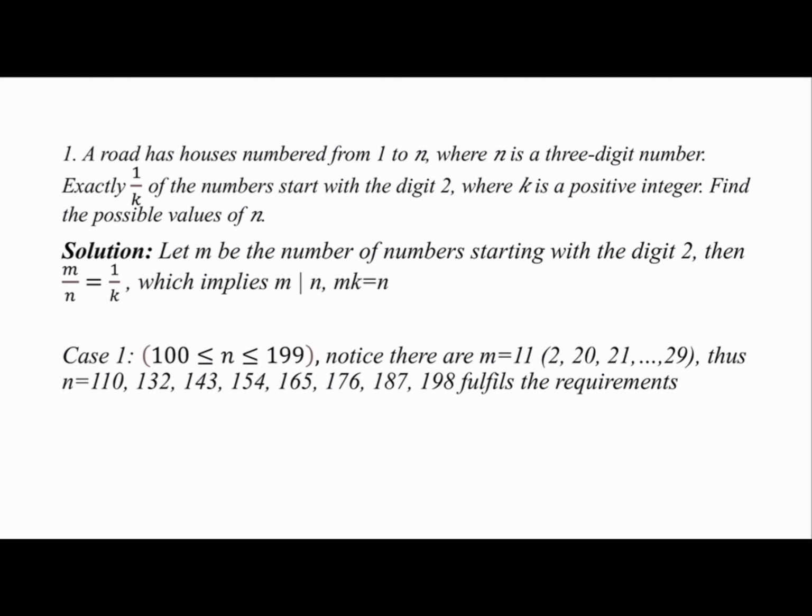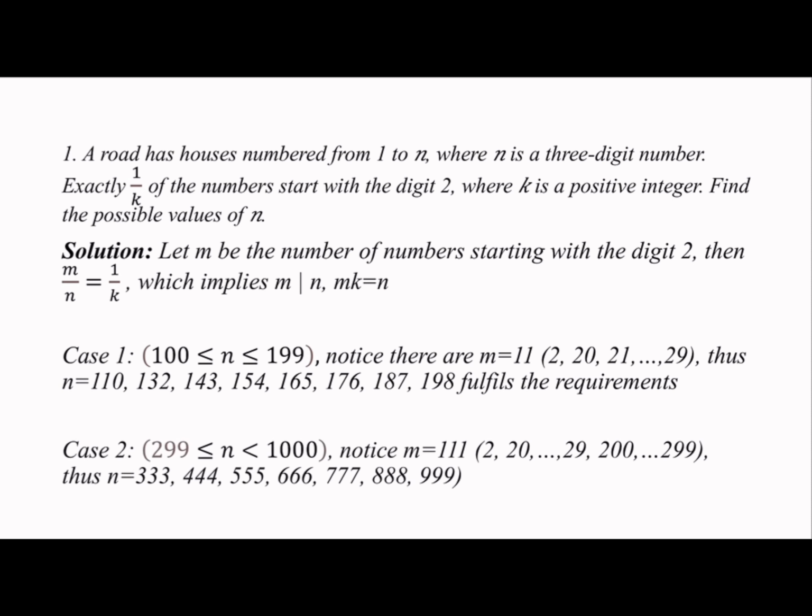The second case is 300 smaller or equal to n smaller than 1000, because n must be a 3-digit number. Notice m is actually equal to 111, because of 2, 20 all the way to 29, and then we have 200, 201, 202, and so on to 299, which are 100 numbers.